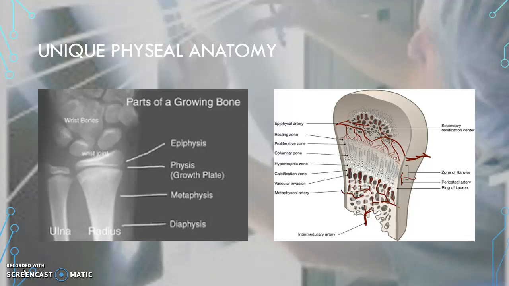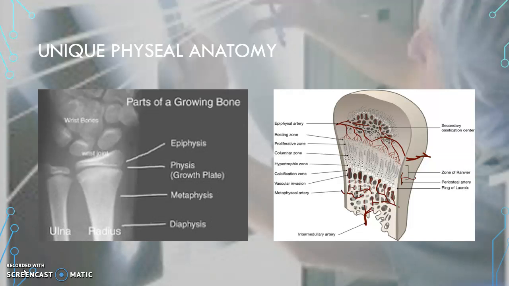This hypertrophic zone is basically a maturation zone, and there is death of the cells, and when the cells die, there is calcification, and this area is a region of calcification.